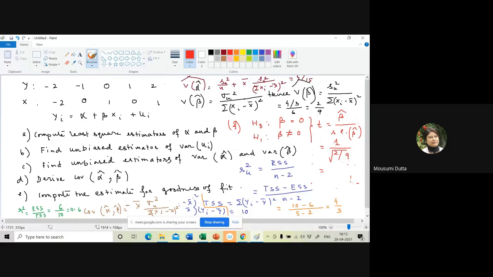Would you please repeat once again? Ma'am, I got 2.121. So others, please check and let me know whether this value is right or not.